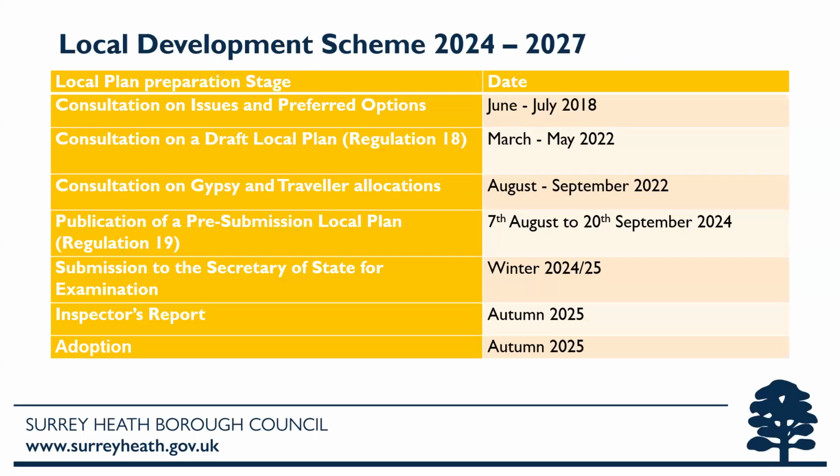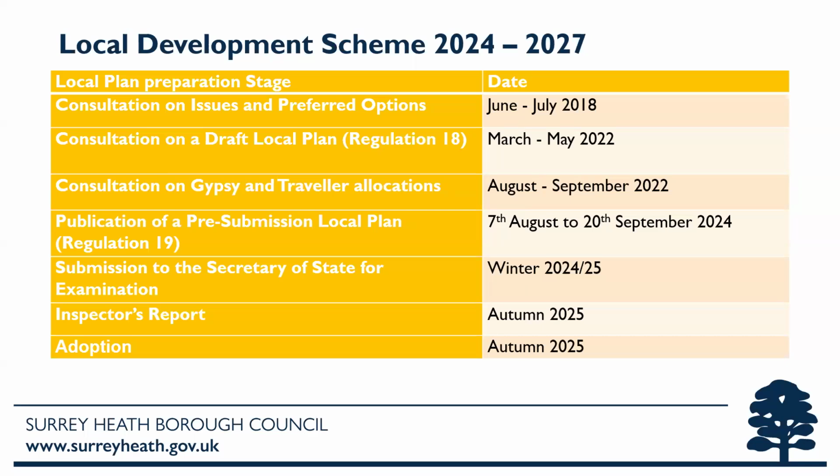In terms of the local development scheme, which is a timetable which sets out the time frame from submitting the plan to adoption, in March of this year we set out a new timetable for the local plan. We have undertaken various consultations as part of the local plan, and we are due to go out to publication on the pre-submission of the local plan from the 7th of August to the 20th of September.